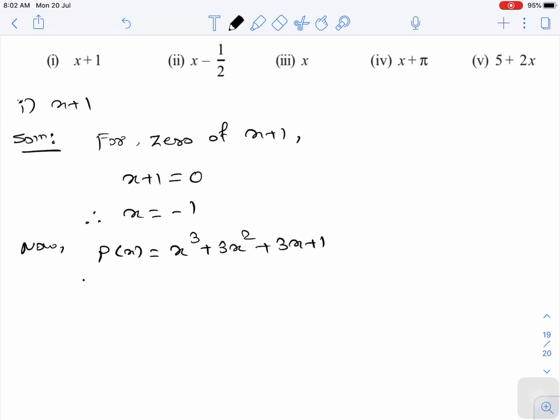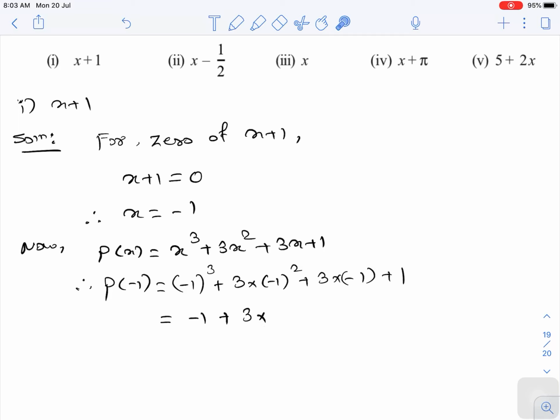Therefore p of minus 1, from where we got this minus 1, the value of x is minus 1, equals to minus 1 cube plus 3 into minus 1 square plus 3 into minus 1 plus 1 equals to, now minus 1 cube will be minus 1 plus 3 into 1, minus 1 square will be 1. Now remember here, plus into minus will become minus, and 3 into 1 will become 3, plus 1.